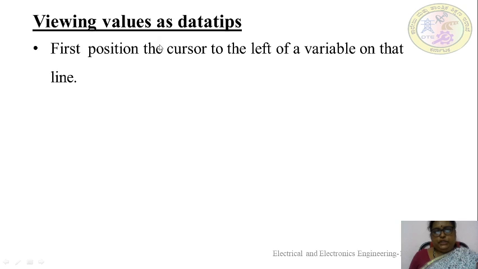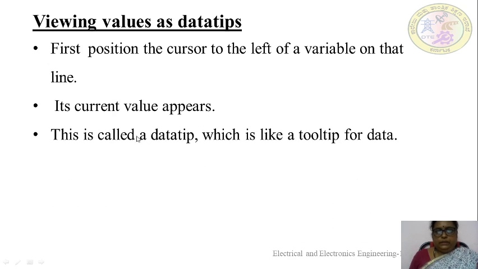First, position the cursor to the left of the variable on that line. So to view the values as a data tip, first you have to position the cursor to the left of the variable on that line. Its current value appears. This is called the data tip, which is like a tooltip for the data.